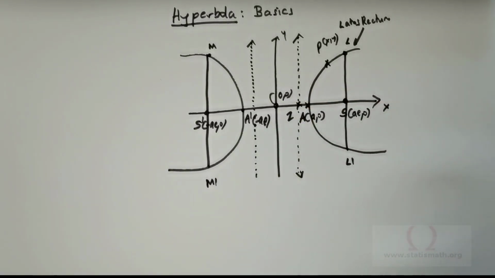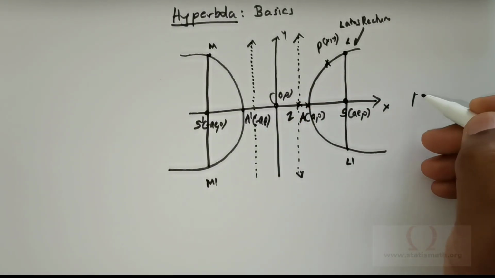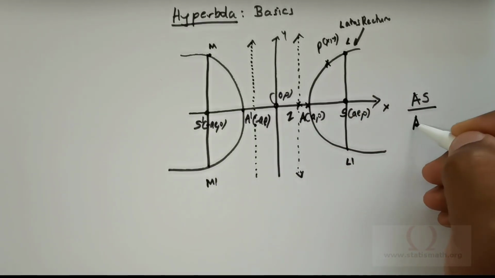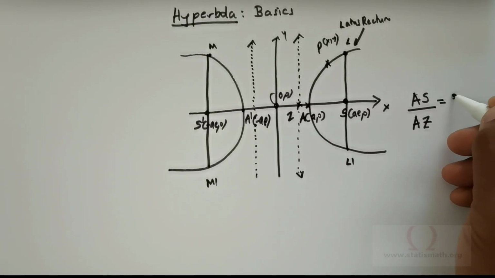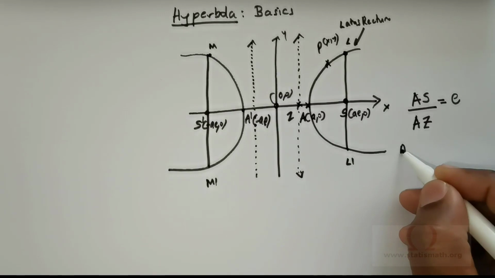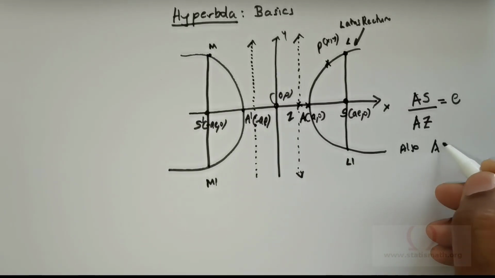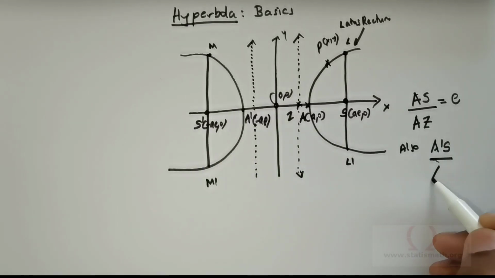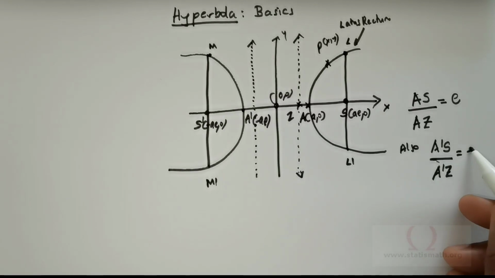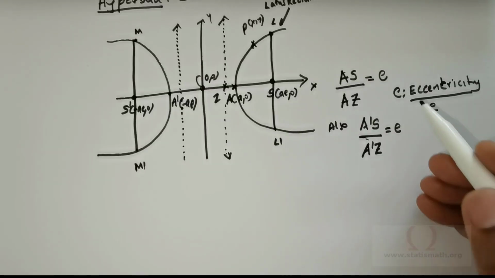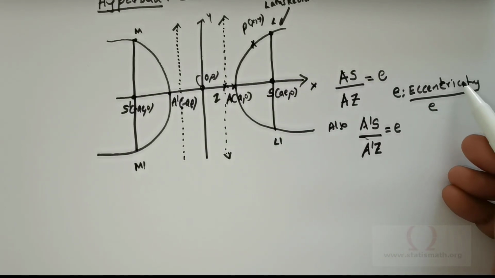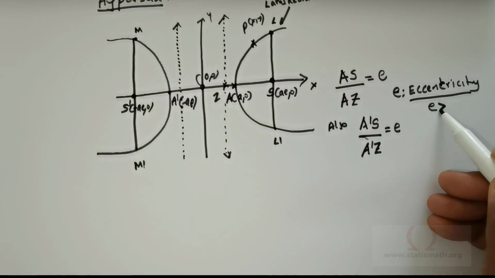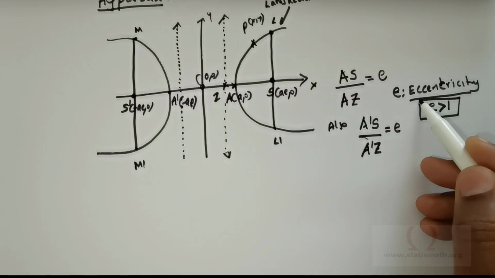And having obtained this figure, the important deduction is AS divided by AZ will have a constant ratio called E. Also A dash S divided by A dash Z will have a constant ratio E. So this E is called the eccentricity of the hyperbola, and the value of E is greater than 1 for the hyperbola.